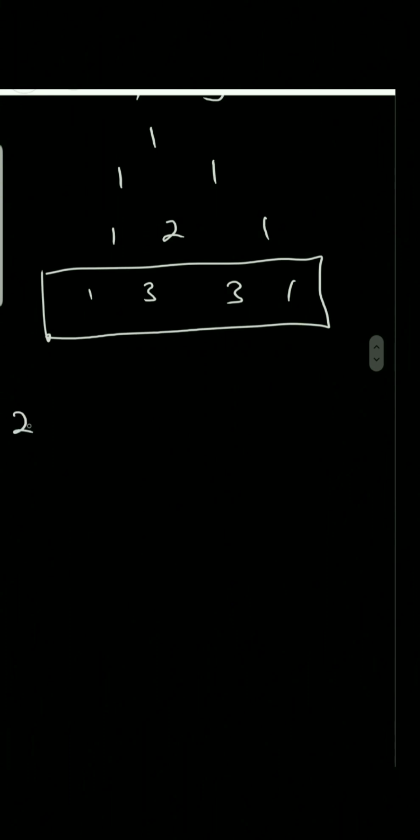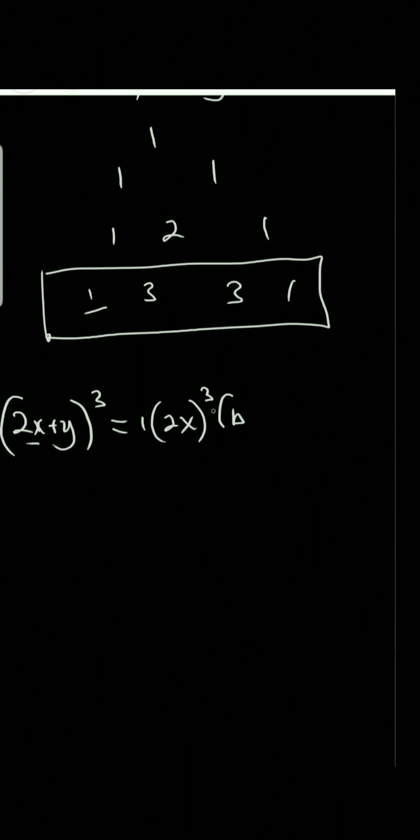Now let's write our binomial expression, which is raised to the power of 3. Like what we did with a, here we're going to have the first coefficient multiply with the first part, which is 2x, to the power of 3. Then b, which is y, will be raised to the power of 0, and it will be increasing by 1.